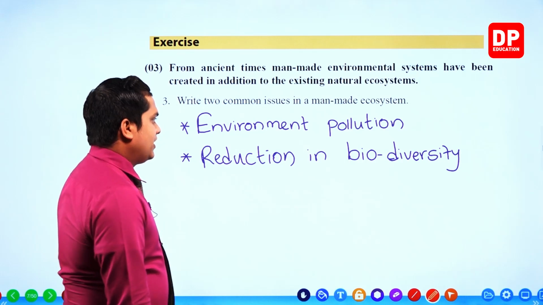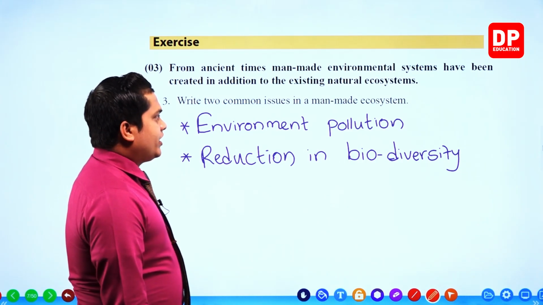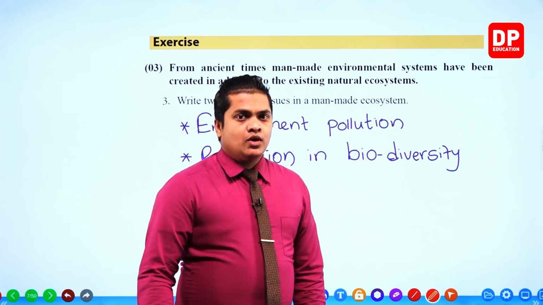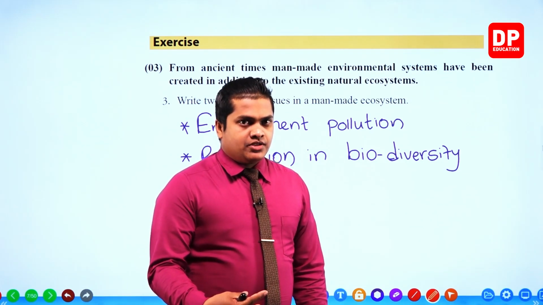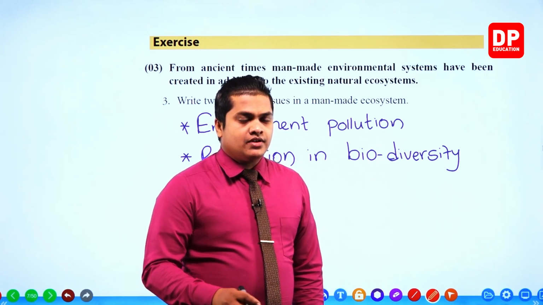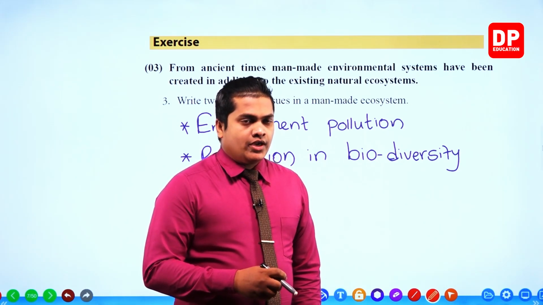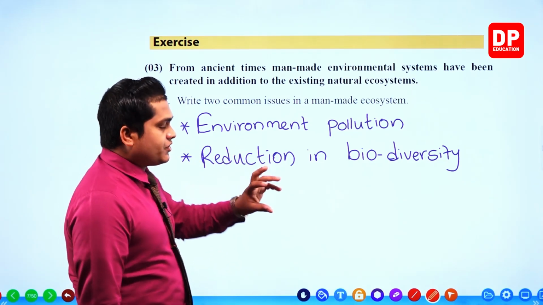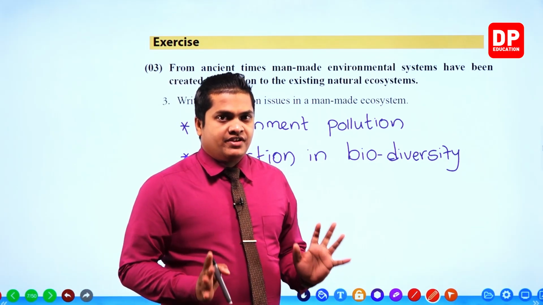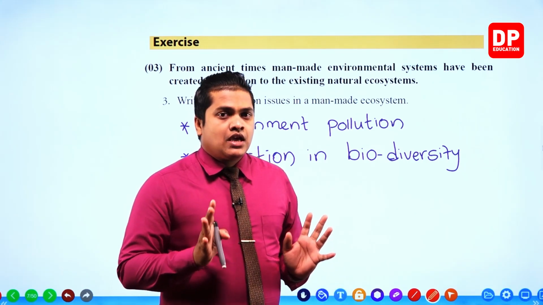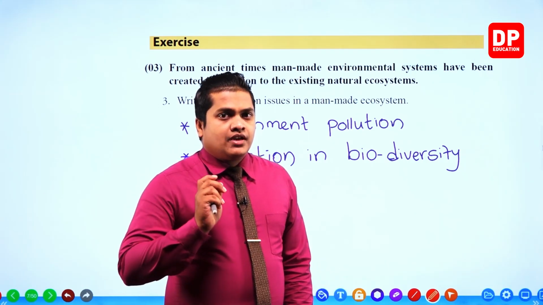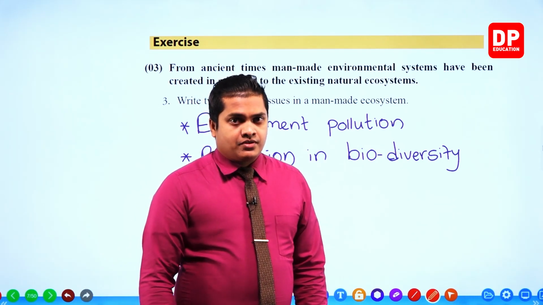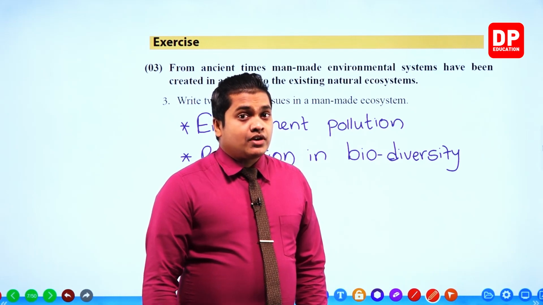You know that the environment is going to be polluted because of disposing garbage and other waste substances into the environment by human settlements and other man-made ecosystems. Then, because of destruction of different areas with different kinds of plants and animals, it will gradually reduce the biodiversity, especially in agricultural lands.